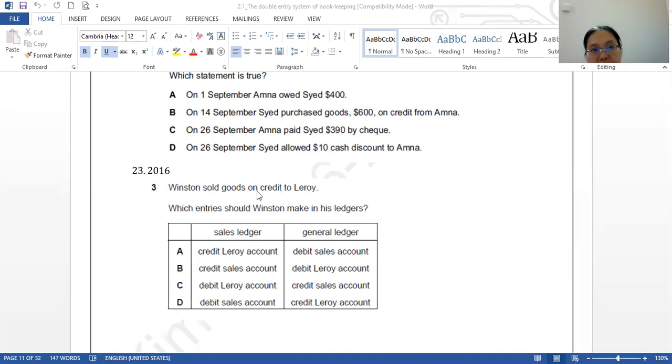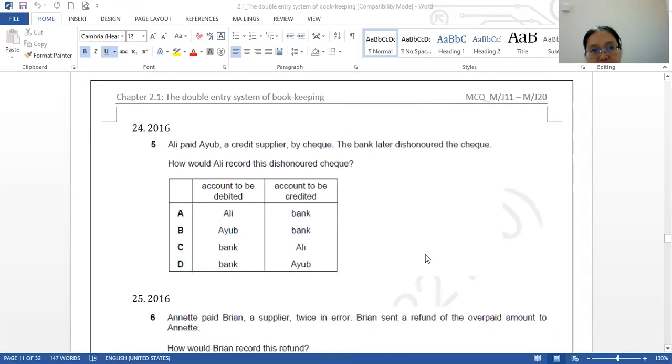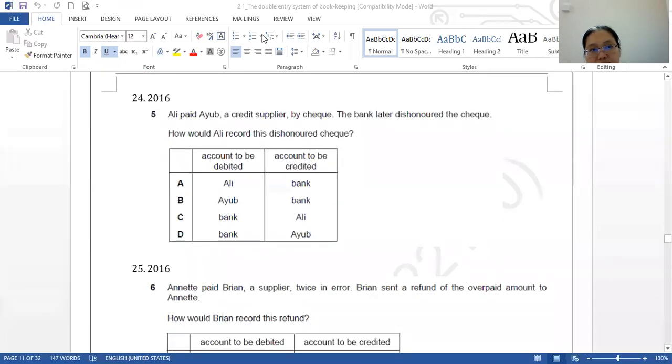Okay, next. 24. Ali paid Ayu, a credit supplier, by check. The bank later dishonors the check. However, Ali records this dishonored check. How would Ali record this? So Ali paid a credit supplier.